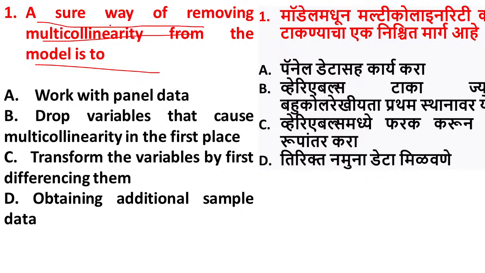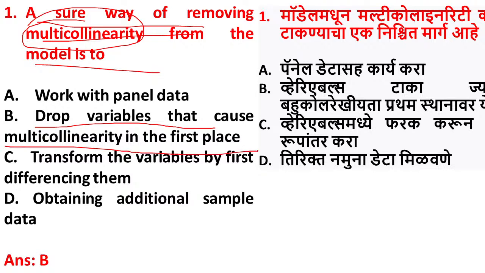The way to remove multicollinearity from the model is to drop the variables that cause the multicollinearity in the first place. The variables which are causing multicollinearity, we are going to remove.